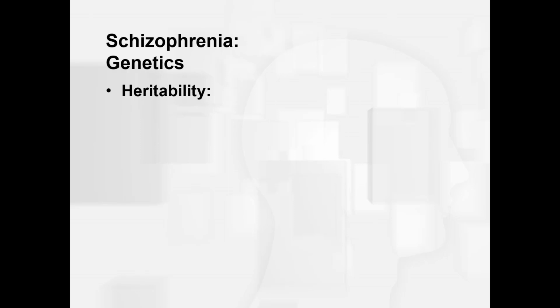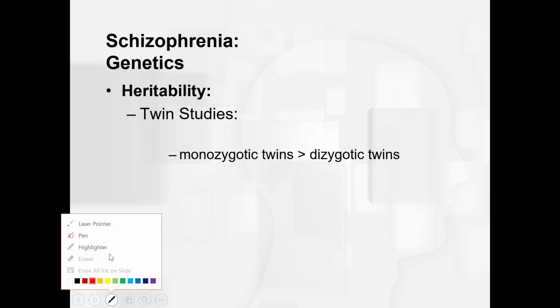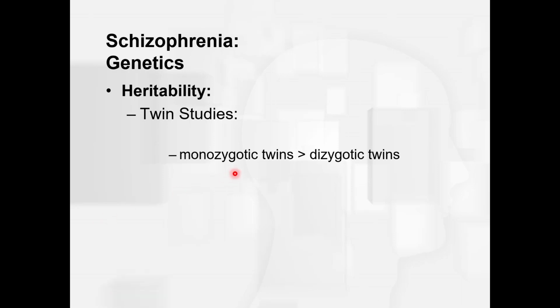Now in order to study this, one group of individuals that's very helpful are twins. And what we do is we look to see if the rate of schizophrenia in monozygotic twins is higher in both twins than it is in dizygotic twins. Now remember, monozygotic twins, they're identical twins.